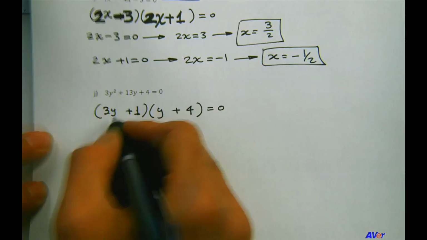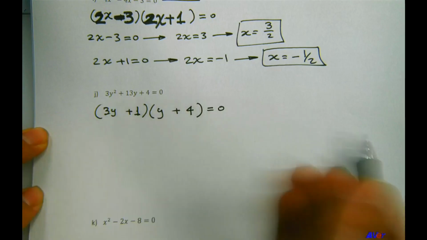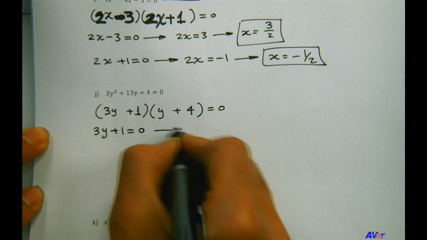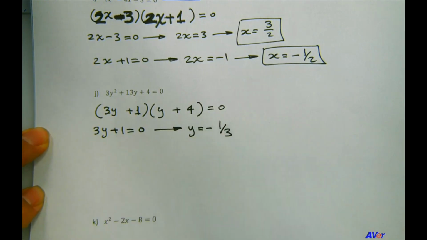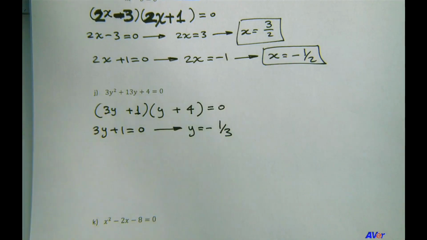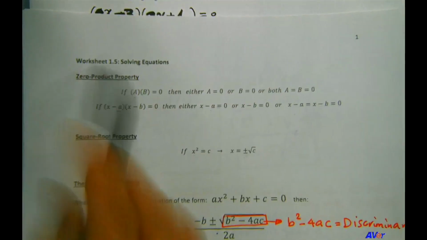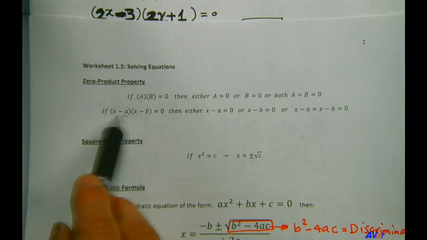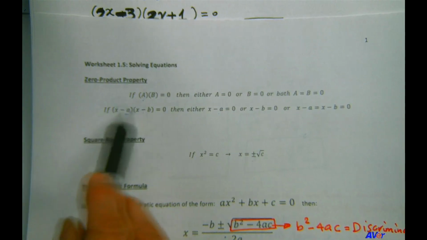Okay, so let's put each factor equal to 0 and solve for y. So 3y plus 1 equals 0, y equals minus 1/3. Again, we're using this property, guys. On page 1 of the worksheet for section 1.5, we're using the zero product property with two factors, two terms in each factor.